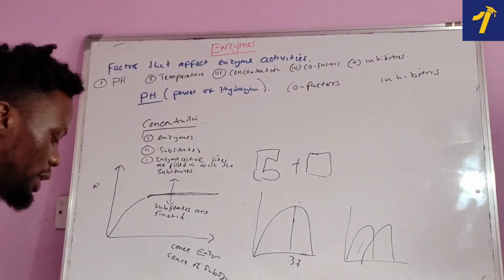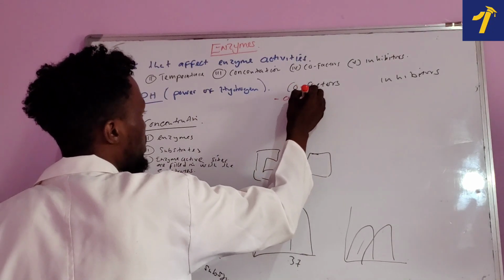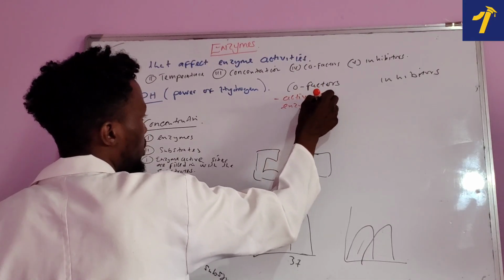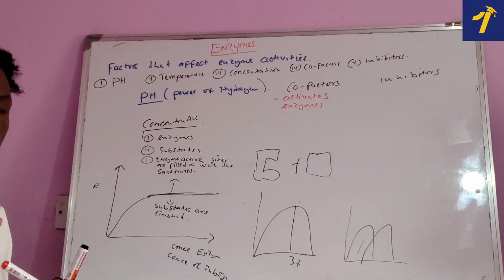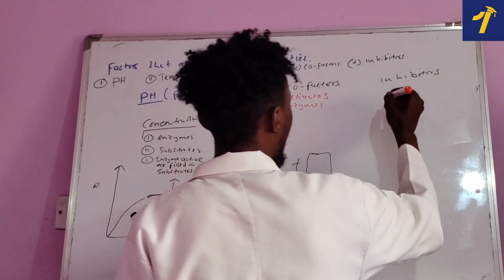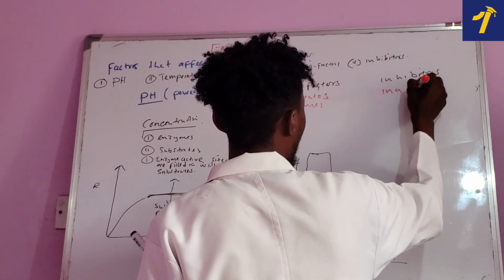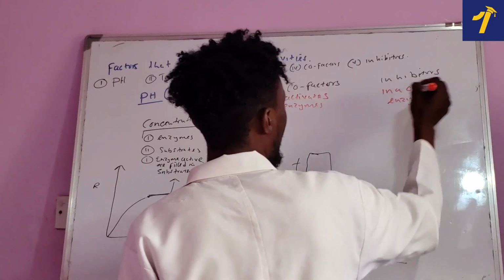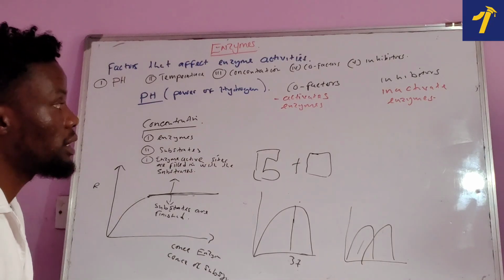Those are what we call cofactors. So cofactors activate enzymes. Inhibitors do the opposite function. They are going to inactivate enzymes. So cofactors activate enzymes, and inhibitors inactivate enzymes.